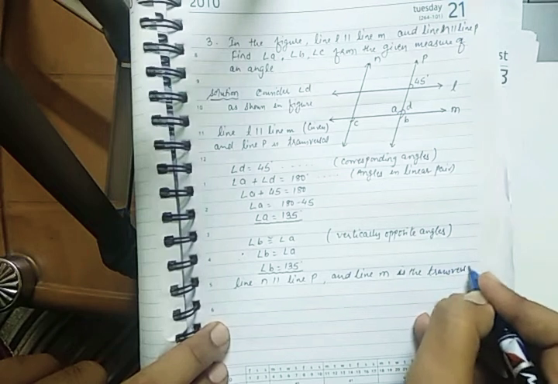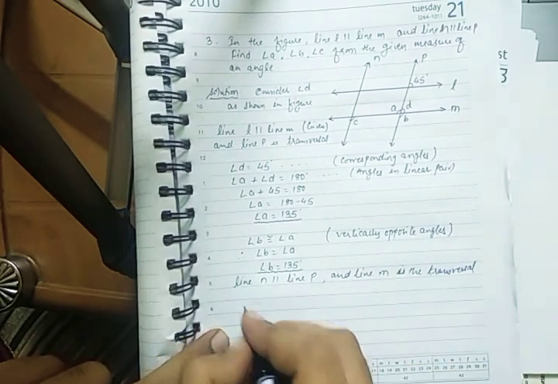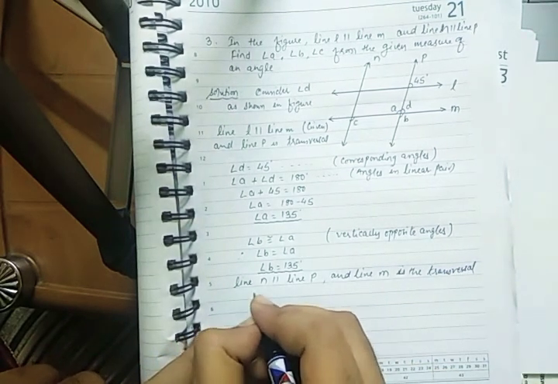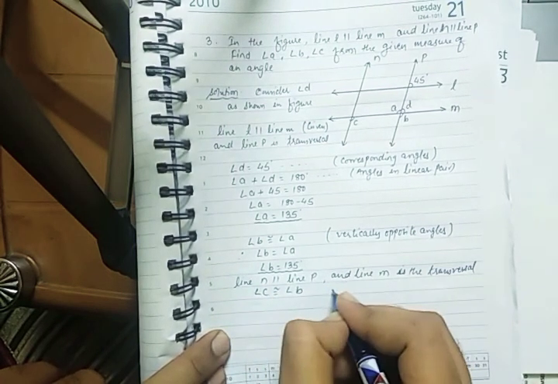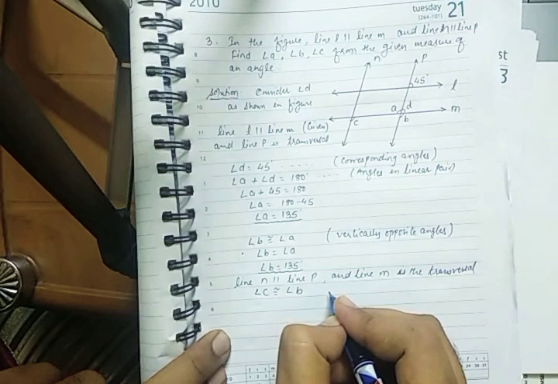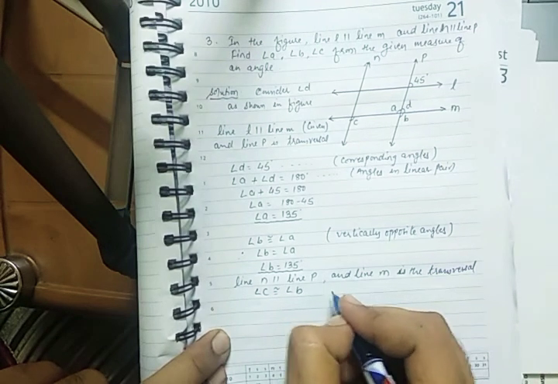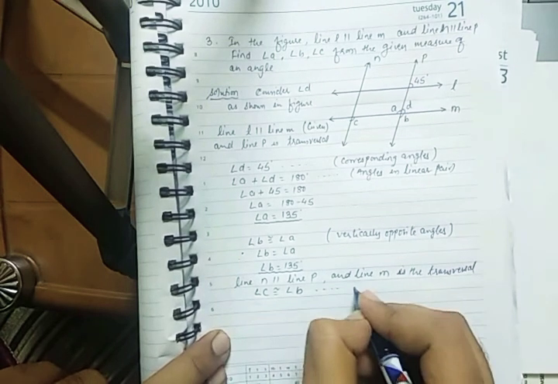Okay, so that means angle C is congruent to angle B. Reason, I will write it, corresponding angle.